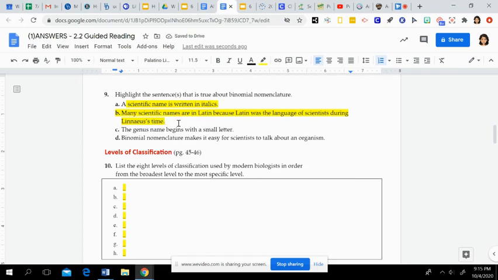So that's what he was familiar with. That's what he was able to write and set the names up as. The genus name begins with a small letter is false. It actually begins with that capital letter. And then the second part of the name, which identifies the species, starts with a small letter. And then binomial nomenclature makes it easier for scientists to talk about the organism, and that is true.